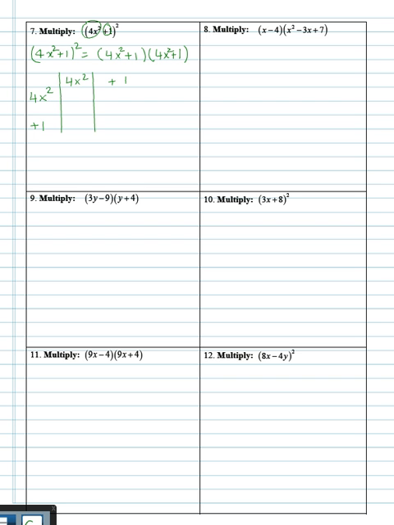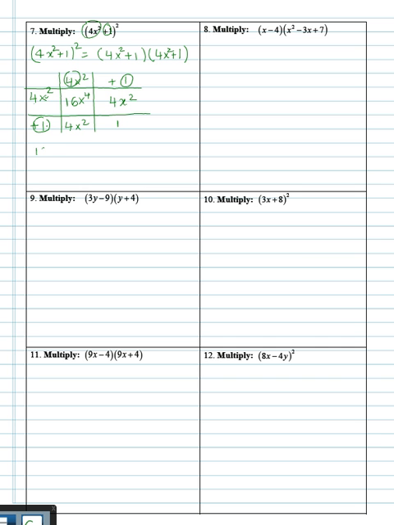I'm going to make my columns and my rows. 4 times 4, 16. X squared times x squared, x power 4. 4x squared times 1, 4x squared. 1 times 4x squared, 4x squared. 1 times 1, 1.